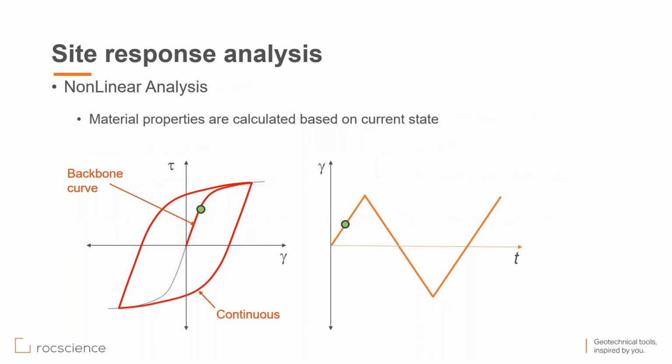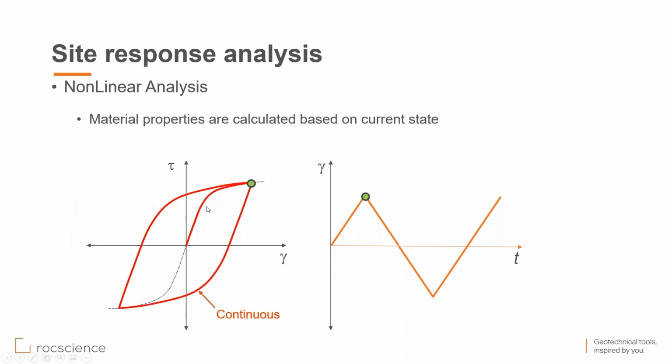The approach that we use in our program is the nonlinear analysis method. In this method, the material properties are calculated based on the current state. As you can see here, it is a very simple nonlinear cyclic model. The two points correspond to the current state of the stress and strain relationship.